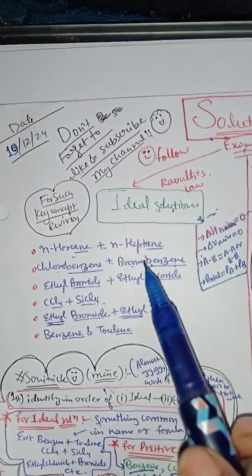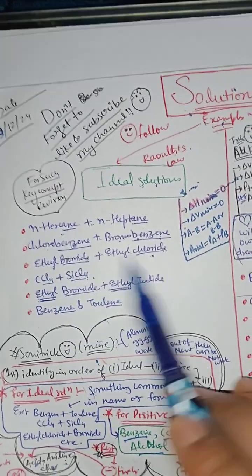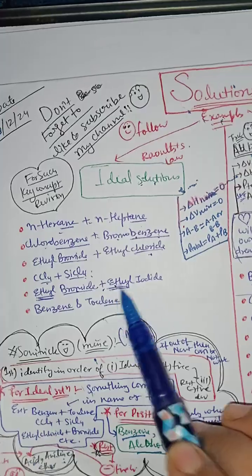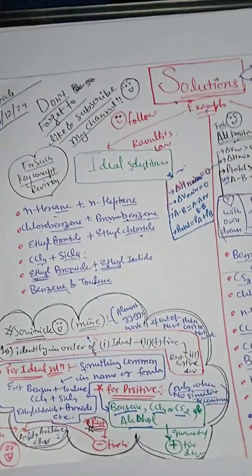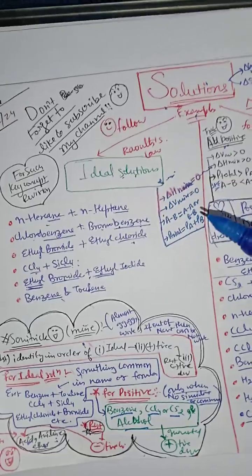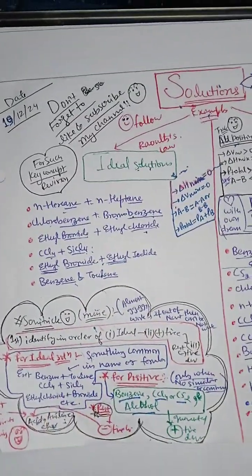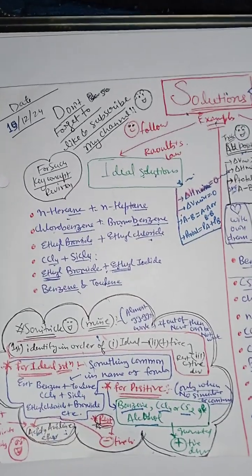I have underlined the similarities, you can see easily. Ethyl bromide plus ethyl chloride, CCl4 plus SiCl4, ethyl bromide plus ethyl iodide, benzene and toluene. You can see the similarity. And if you are not able to see any similarity in it, then it will not be an ideal solution, it will be a non-ideal solution.